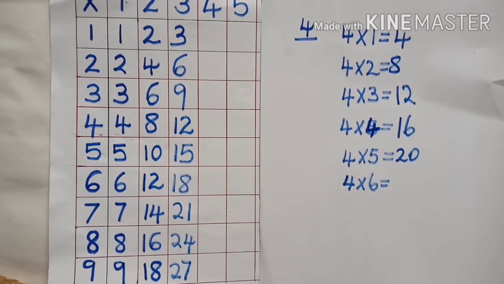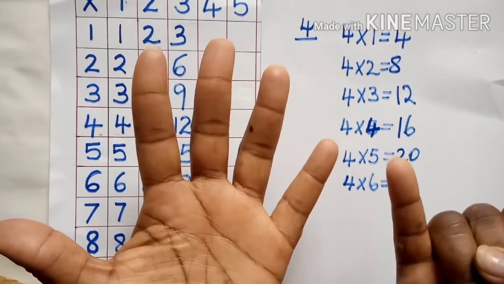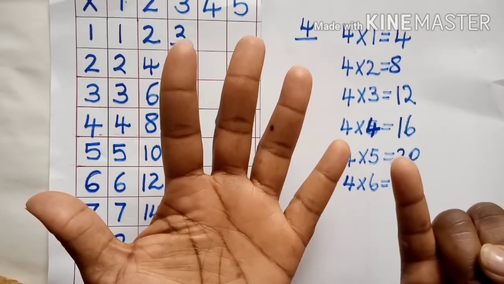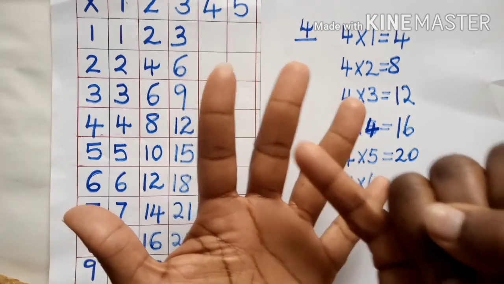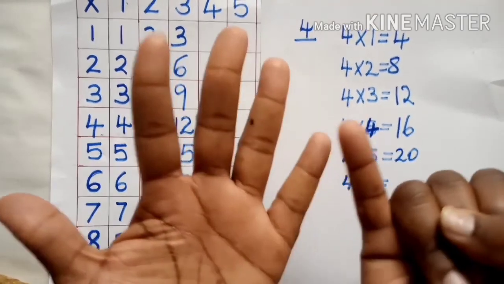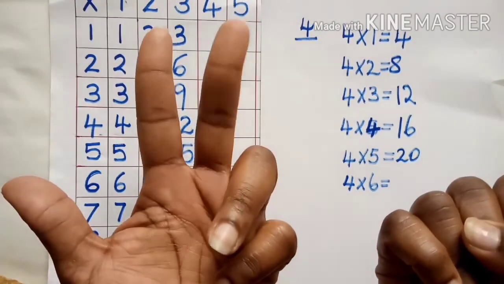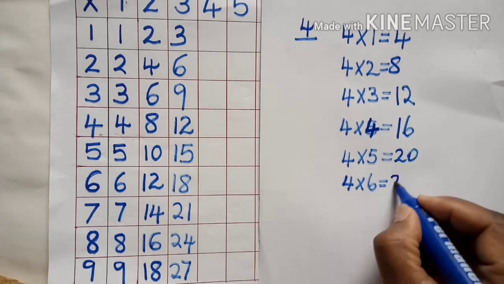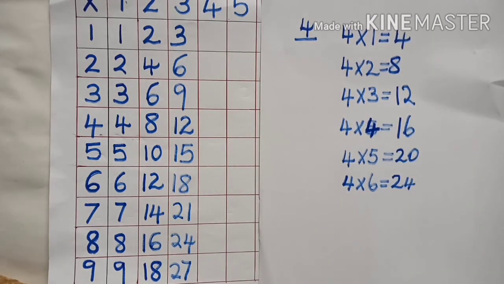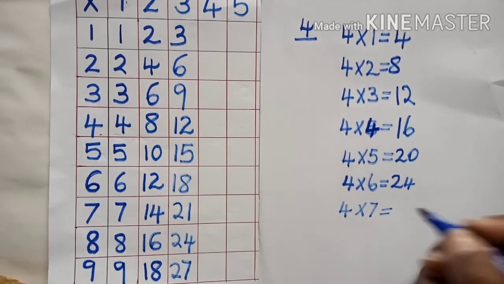First we will say 3 times 6. Stick 6 fingers out, and then you say the multiples of 3: 3, 6, 9, 12, 15, 18, plus these fingers 18, 19, 20, 21, 22, 23, 24. So 4 times 6 is 24.